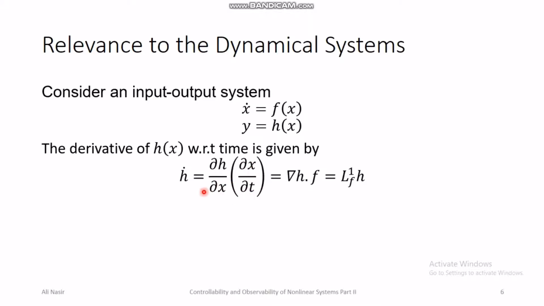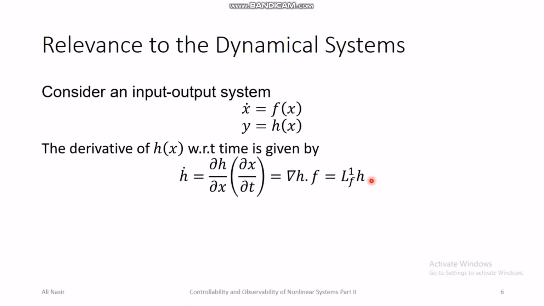This is the chain rule. So this partial h by partial x is nothing but del of h, and partial x by partial t is x dot, which is f of x. So h dot is equal to del h dot f, which is very familiar to us, which is basically the first order Lie derivative of h with respect to f.